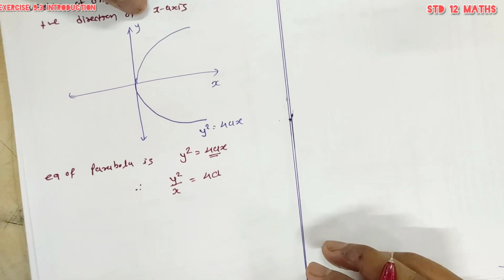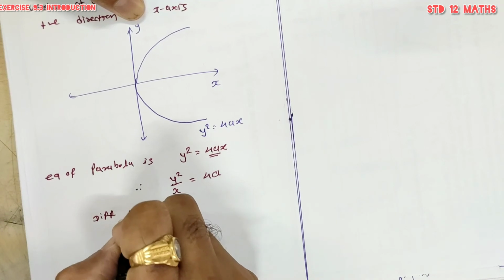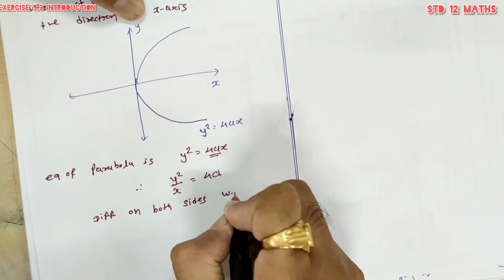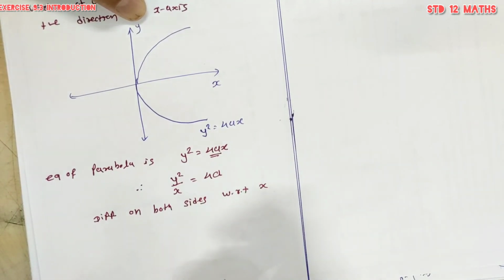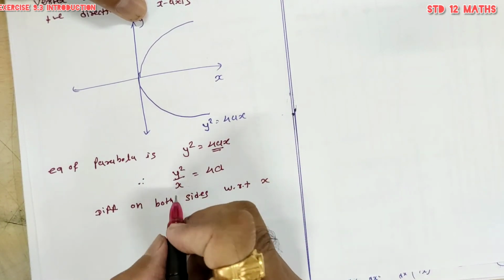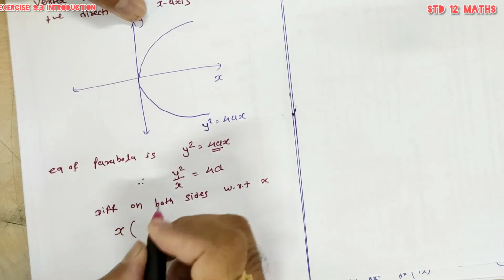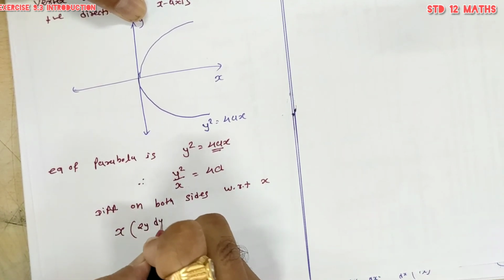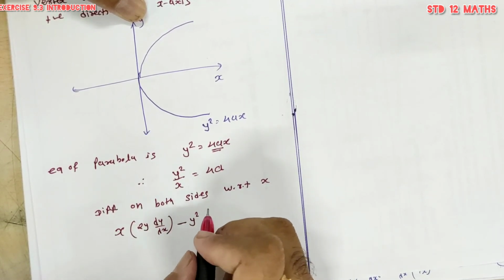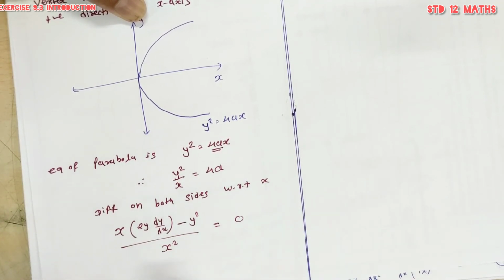And now I will take differentiation on both sides with respect to x. Taking differentiation on both sides with respect to x, this constant term will be eliminated. So using the division rule: x as it is, differentiation of numerator 2y dy by dx, minus numerator as it is, differentiation of x 1, whole divided by x square equal to 0.